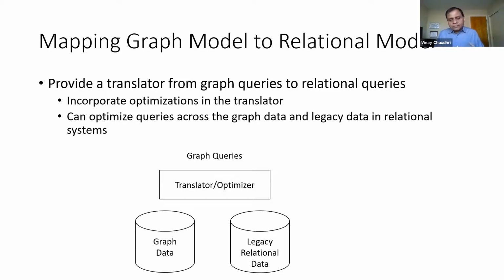For that kind of use case, there are people building systems in which the queries can be expressed in a graph query language like Cypher or some version of it. Then they provide a translator that takes those graph queries and converts them into queries over the underlying SQL data or relational data store, and it would optimize the evaluation of those queries. It would also work for situations where part of the data might be relational and part of the data might be sitting in a graph database engine.